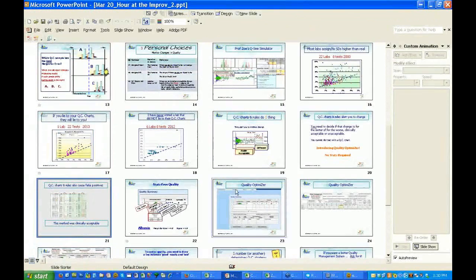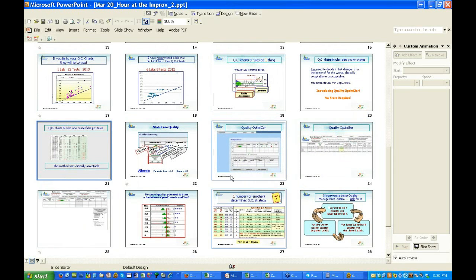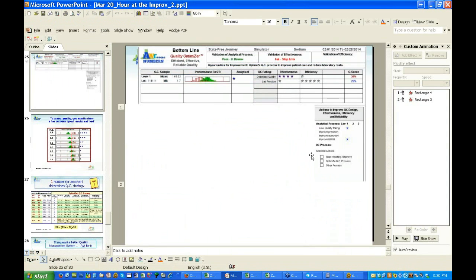And eventually we're going to get into software like this one that will actually just tell you need to improve both accuracy and precision. It will show you the overlap between the good and the bad, give you a rating for your analytical quality, tell you need to review, tell you need to stop and fix your QC.